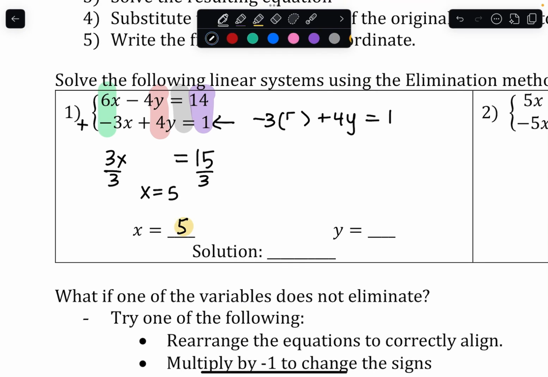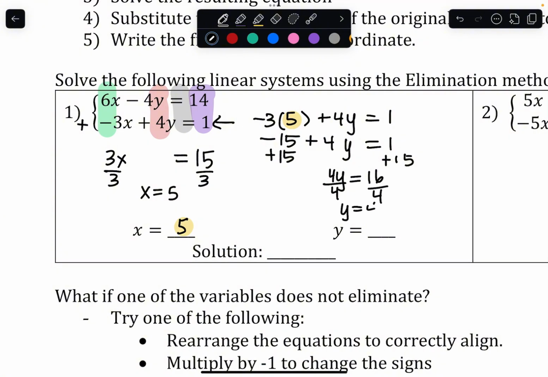So I can substitute that value for the x and then simplify. So negative 15 plus 4y equals 1. We would then add 15 to both sides to get 4y equals 16. Divide both sides by 4, and we get y equals 4. So my solution is the ordered pair 5, 4.